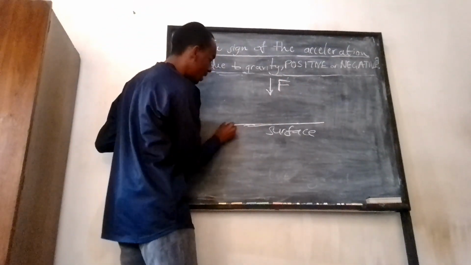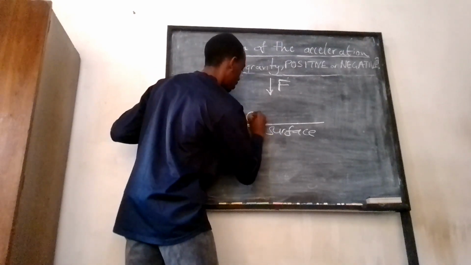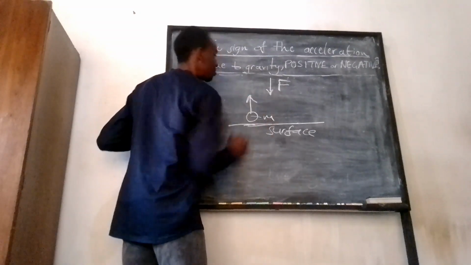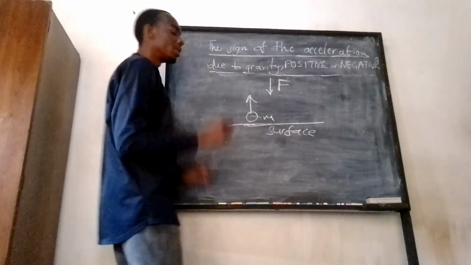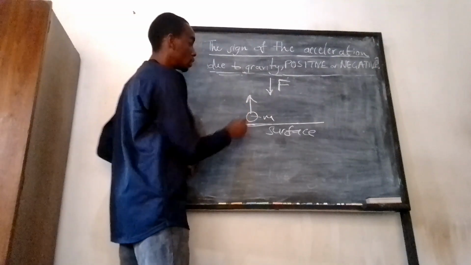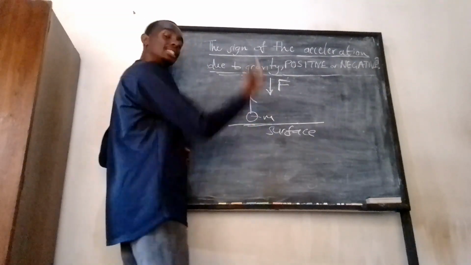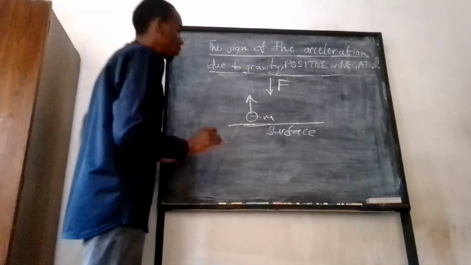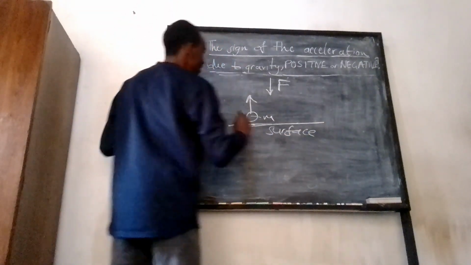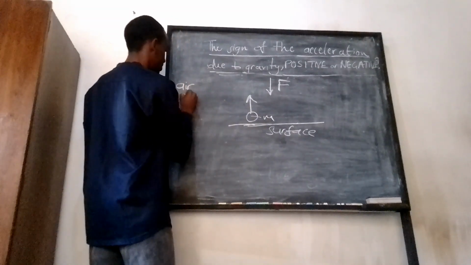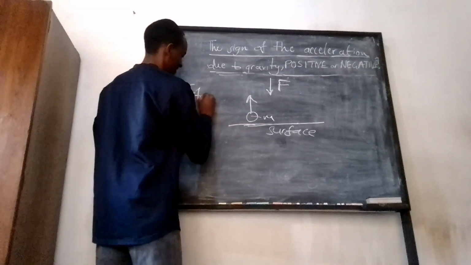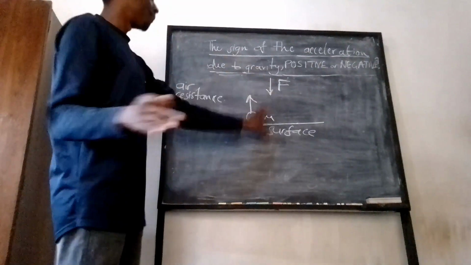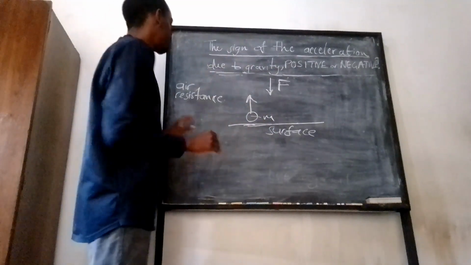Now, let's just consider a mass, let's call it M. And we throw this mass up into the sky. As our mass, or our ball, whatever we choose to call it, moves going upwards, it begins to oppose gravity. It is important to note that we neglect air resistance, say there is no air resistance, which is usually the case when you're asked about the equations of motion in your exams.